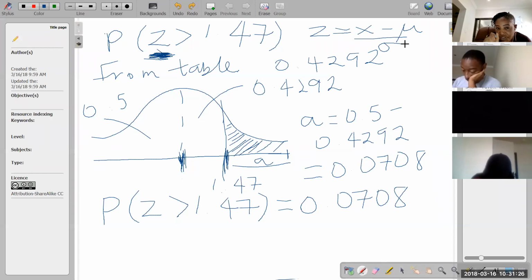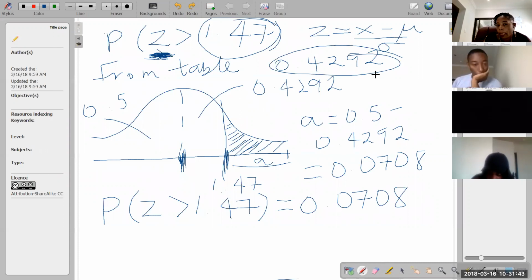And when they used that formula, this was what they got, 1.47. So you have to go to the table, check your equivalent value at 1.4 under 0.07. That was why we got 0.4292.